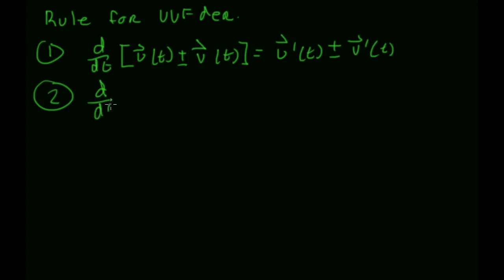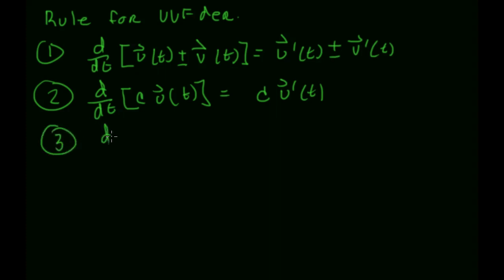Earlier we said that if you have some constant times a function, now we're going to make it a vector valued function, you can carry that constant along as a scalar through the process. Okay.